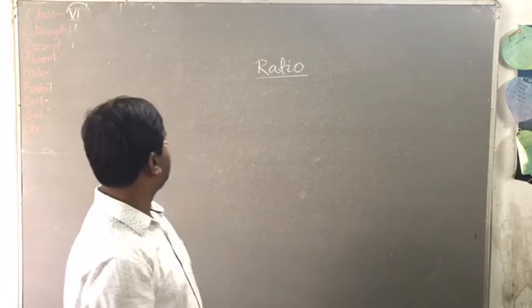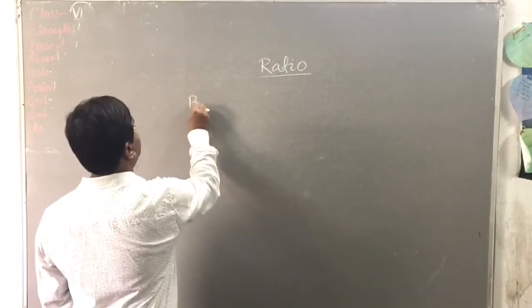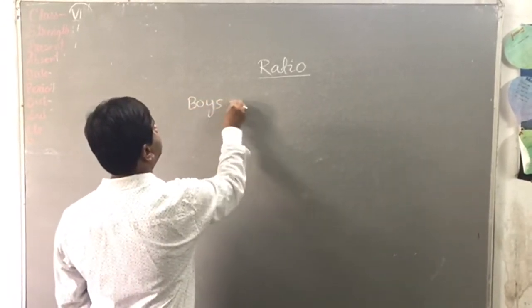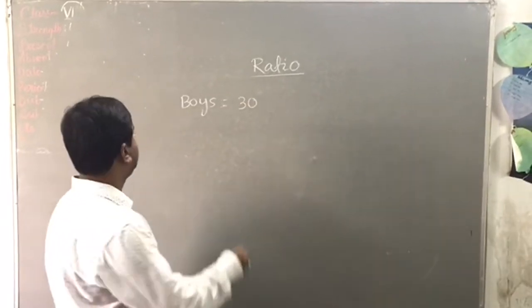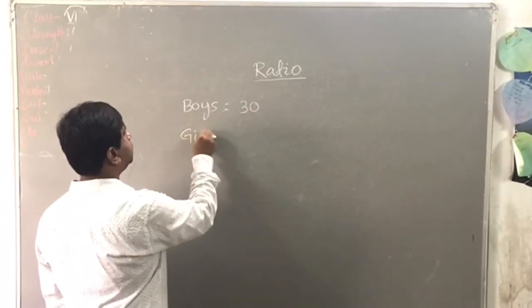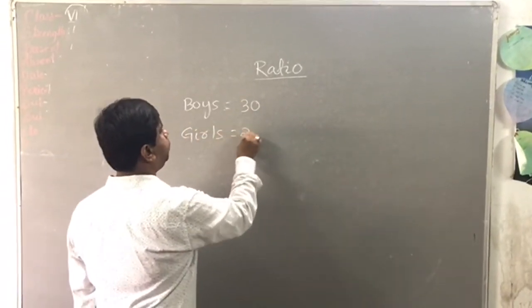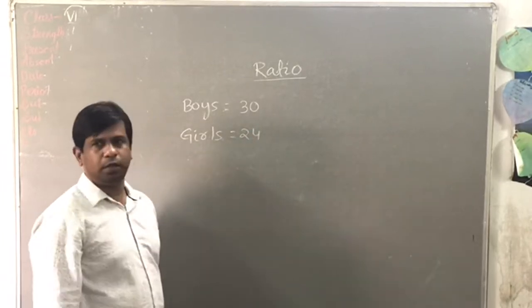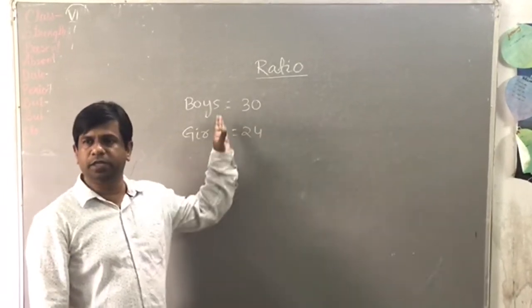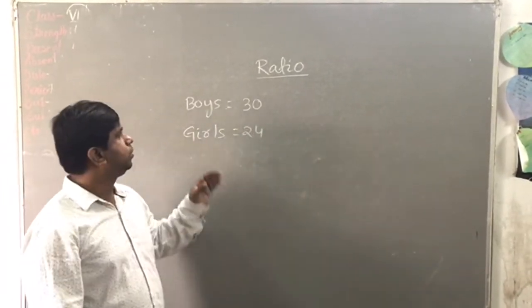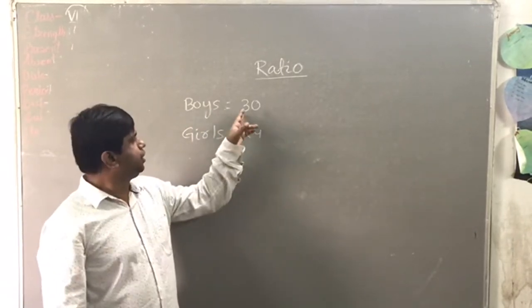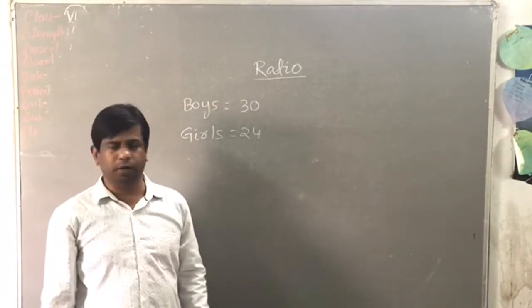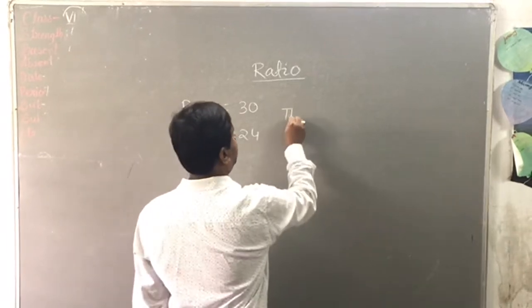Suppose in a class, the number of boys is equal to 30 and the number of girls is 24. How can you compare these two numbers? We can say that the number of boys is 6 more than the number of girls.